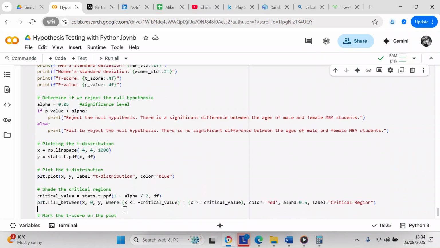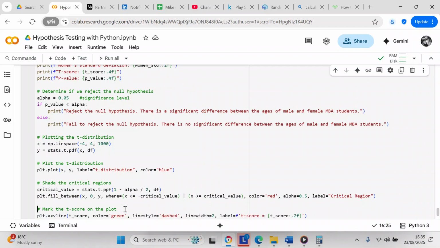Then we shade the critical region. Critical value equals stats.t.ppf of 1 minus alpha divided by 2, df. T is your t distribution, ppf is percent point function, alpha is 0.05, and df is your degrees of freedom.